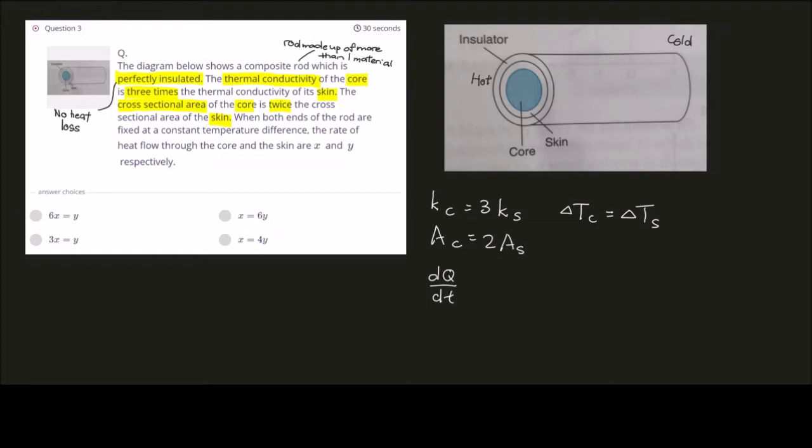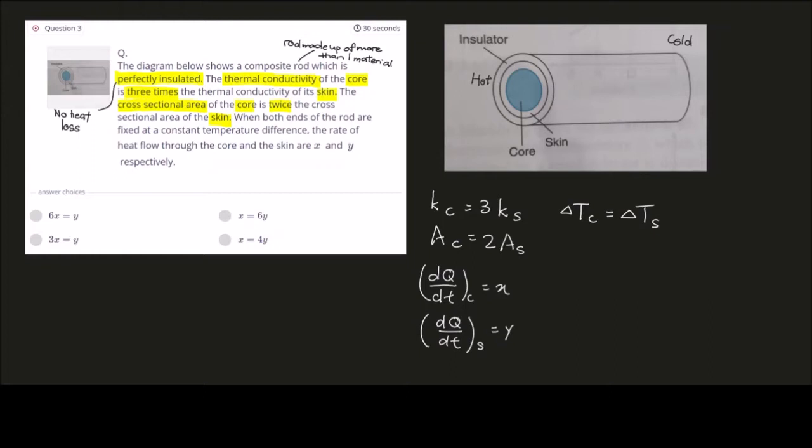So they say the dQ/dt for core is represented by X, and the dQ/dt for skin is represented by Y. So I think I forgot to type the question statement, but basically you know what it is trying to find. It's trying to find a relationship between the rate of heat flow of the core and the rate of heat flow of the skin. So they are comparing X and Y.